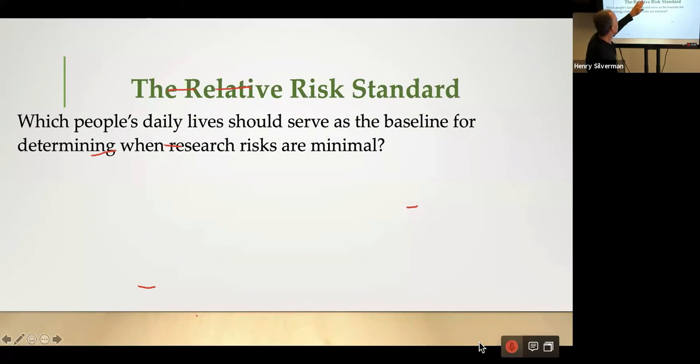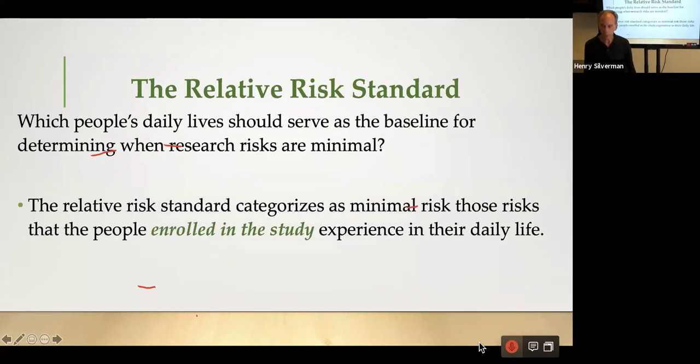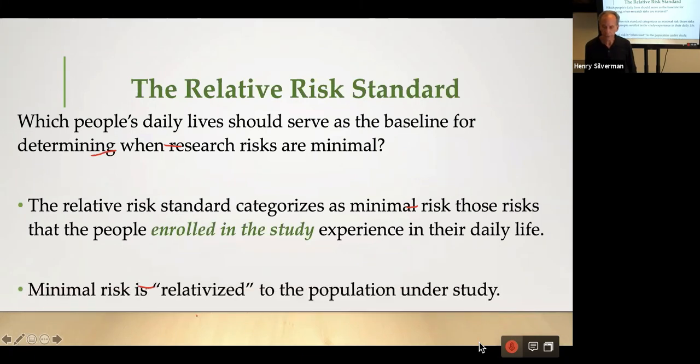the relative risk standard, which people's daily life should serve as the baseline for determining when risks are minimal? The relative risk standard categorizes minimal risk as those risks that people enrolled in the study experience in their daily life.